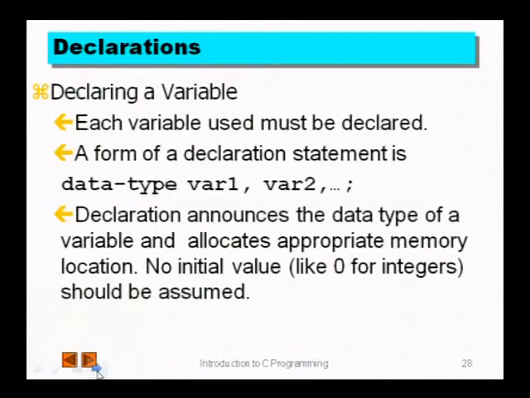Whenever you are using variables, you should declare them of a particular data type and initialize the value, for example integer i is equal to 0. If you do not initialize it, it may take a garbage value, that is the old previously assigned value. So initial values should not be assumed, you should assign initial values.